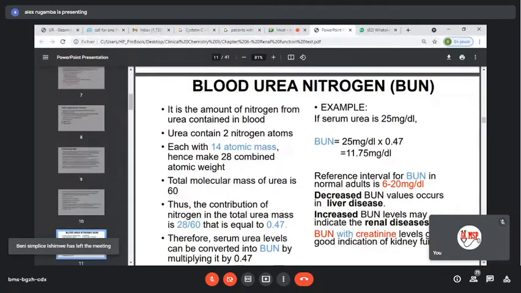The total molecular mass of urea is 60. This means that the contribution of nitrogen in the molecular mass of urea is 28 out of 60, which is equal to 0.47.